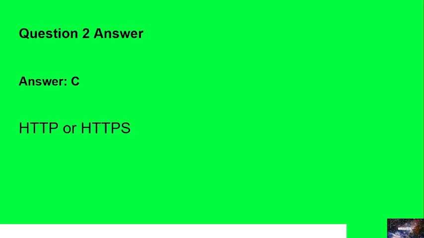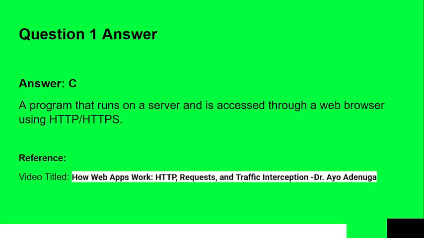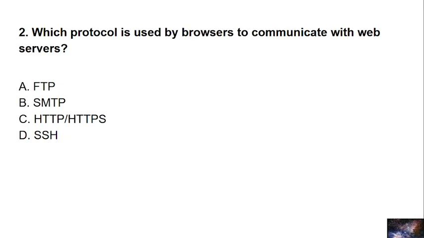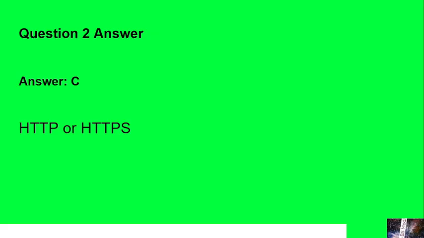The answer is C, HTTP or HTTPS. You see, the first question is a program that runs on a server and is accessed through a web browser using the protocol HTTP. And the second question says which protocol is used, so it's HTTP or HTTPS.